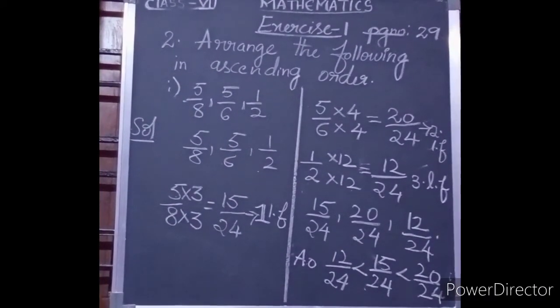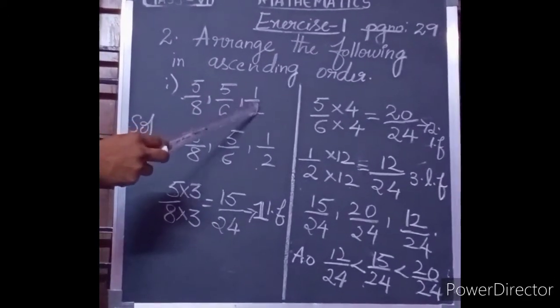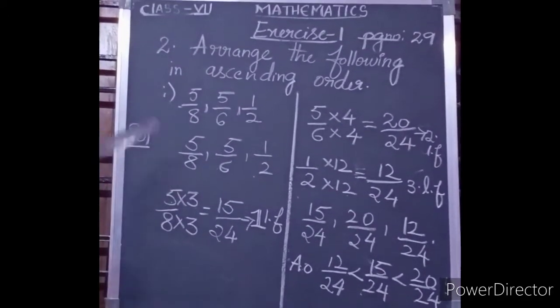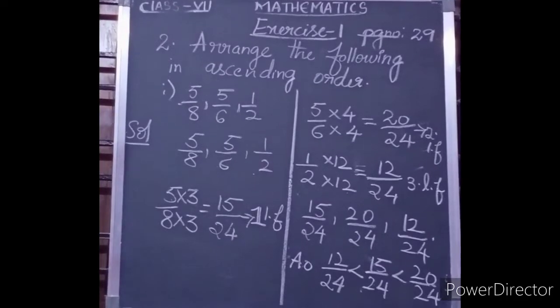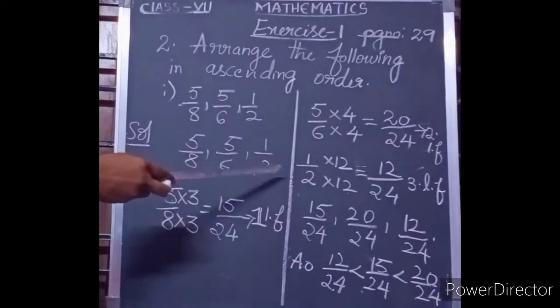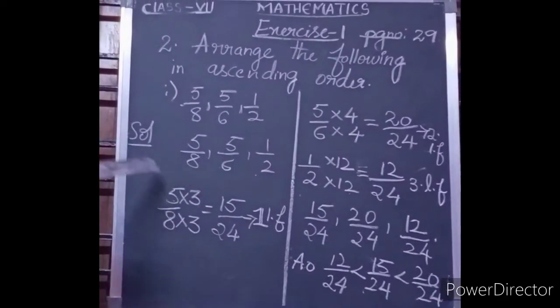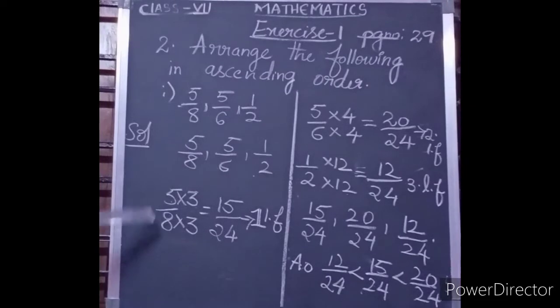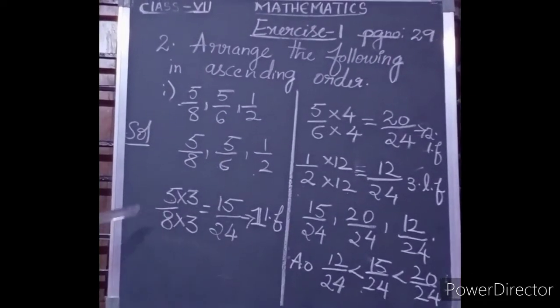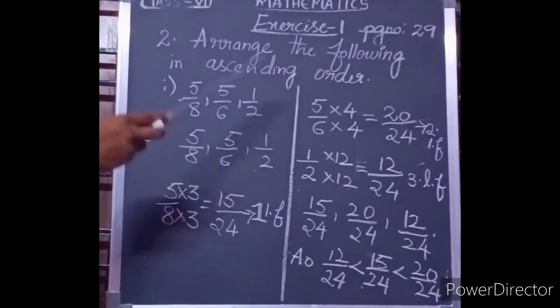See children, once again I want to explain here. They have given the three fractions. They said to arrange in ascending order. Ascending means small to big. Arranging of numbers from small to big. But we cannot arrange the numbers. Why? Because they are not like fractions. We need to change them into like fractions. See the first one. How to change? We have to take the LCM of 8, 6, 2.